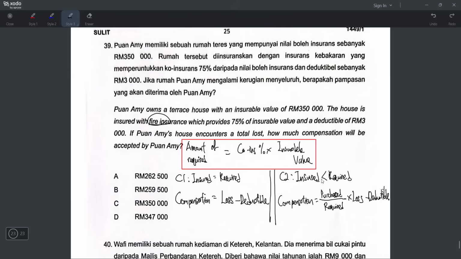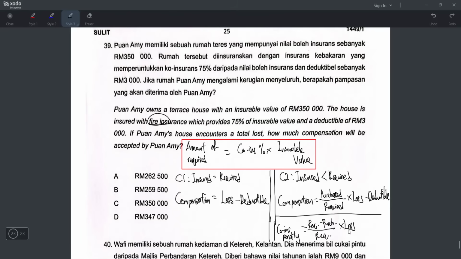Okay. And also for case 2, they sometimes might ask for the co-insurance penalty. The way I teach my students is take the other side of the fraction. So if purchase over required, what's the other side of the fraction? You will take the required minus the purchased over the required times the loss.